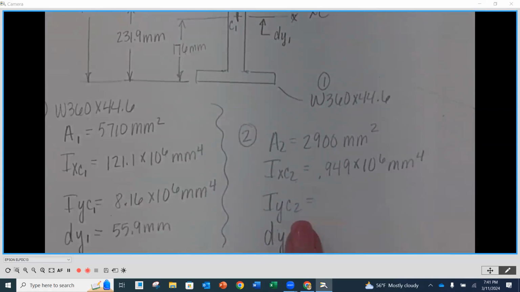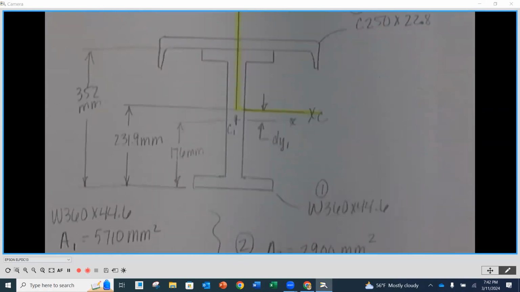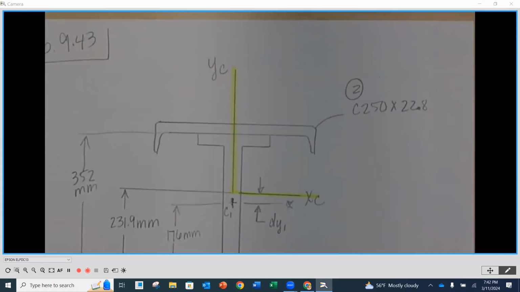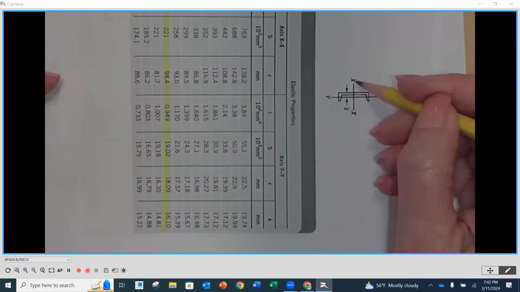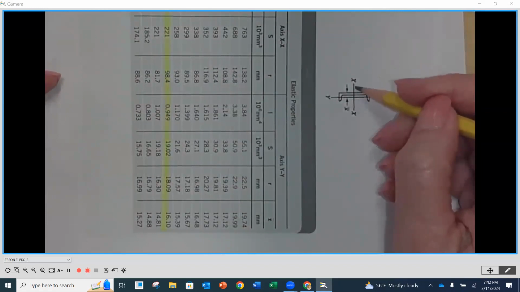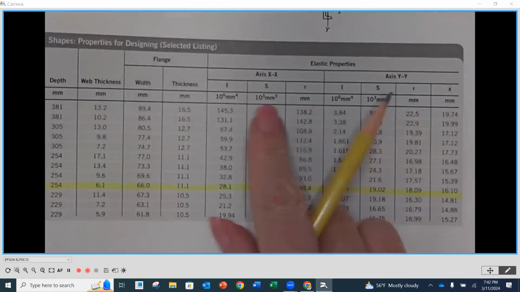And now that means for our y-axis, which is vertical here as we look, that is going to be the x moment of inertia.